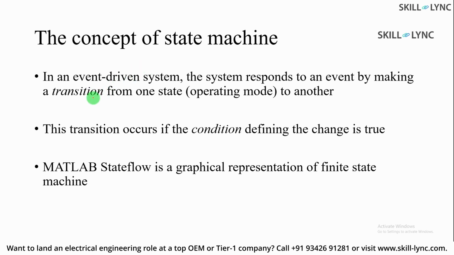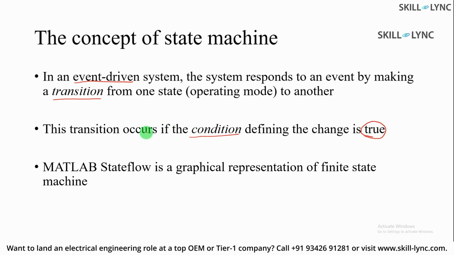So let's discuss more about it. Here we are considering an event driven system. Basically the state machine implements an event driven system. The event driven system is nothing but the system which responds to an event by making the transition or the change from one state to another state. Here this transition is going to occur based on the condition, if the condition is true, right?